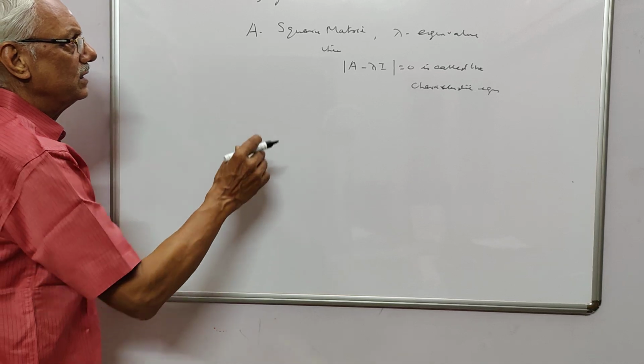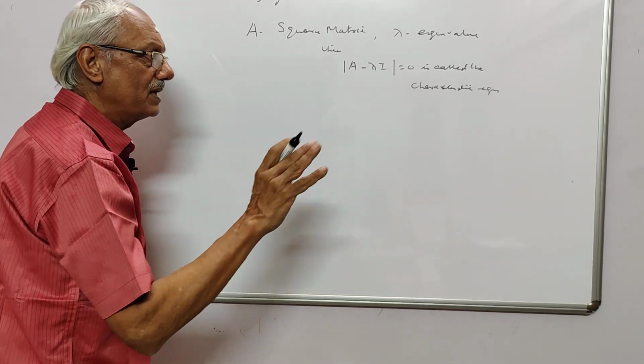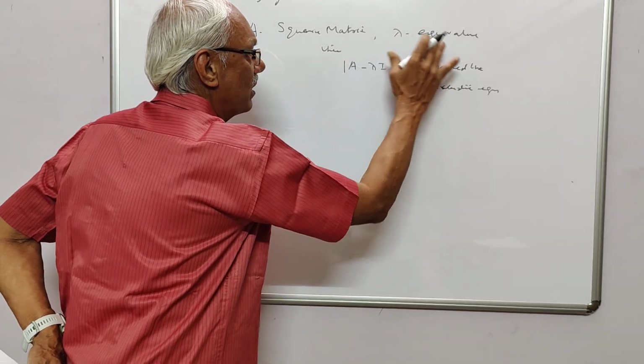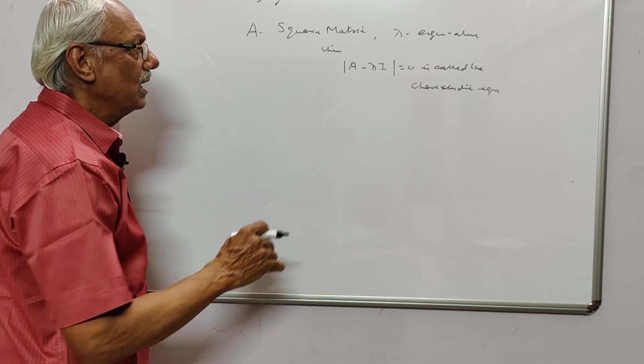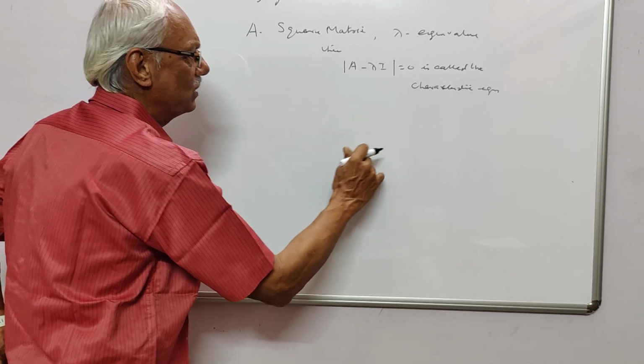And so what is that? If A is a given square matrix, then we can always find a scalar lambda, which is called the eigenvalue, such that the determinant of A minus lambda I is equal to 0.